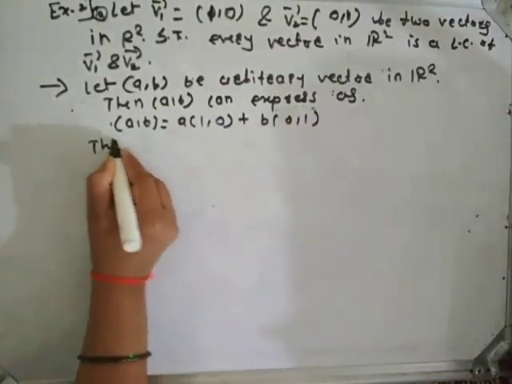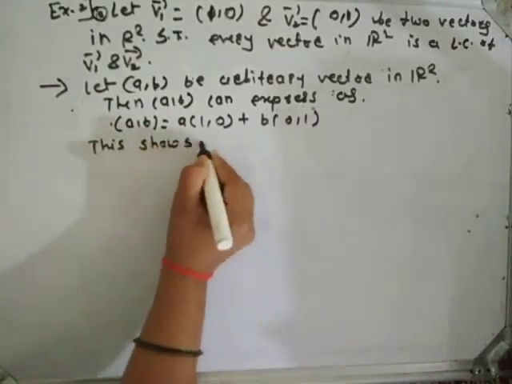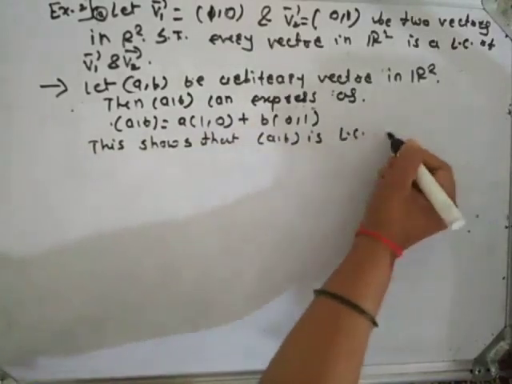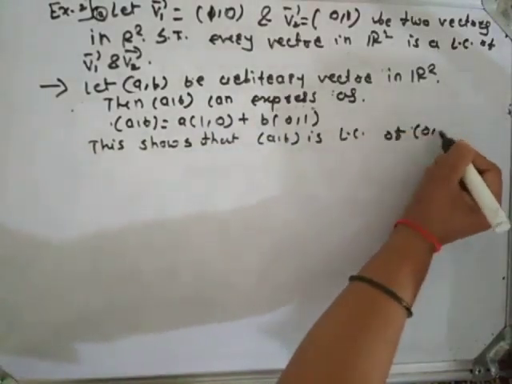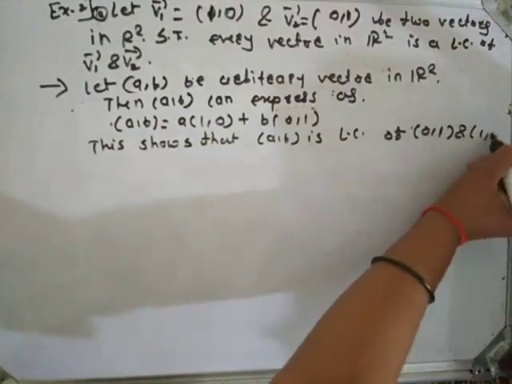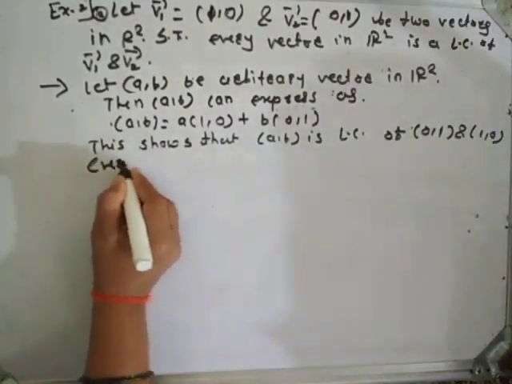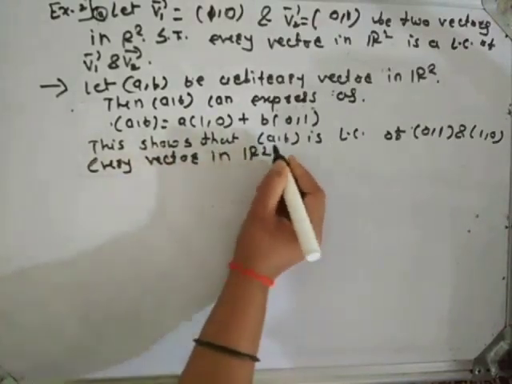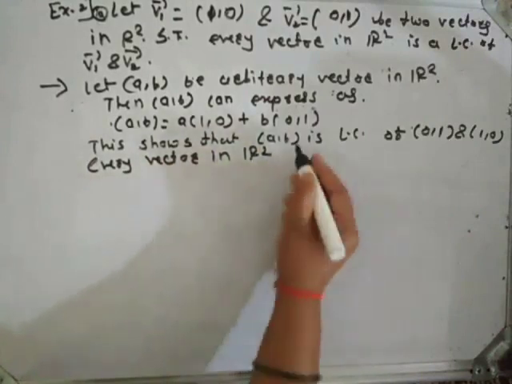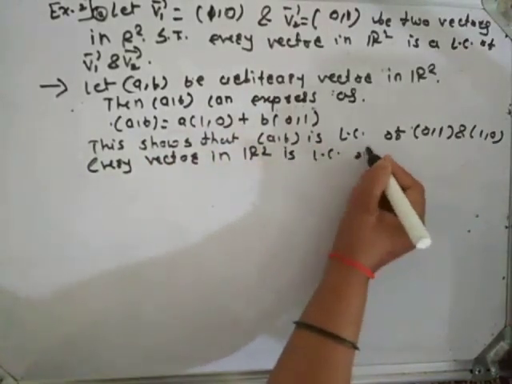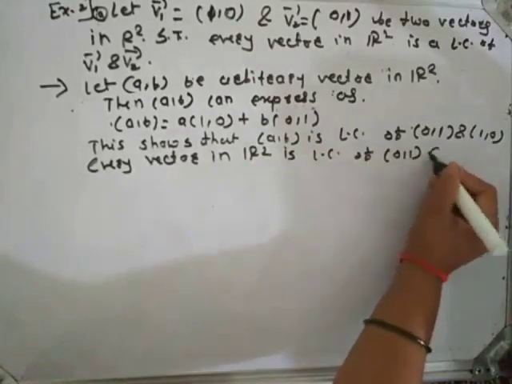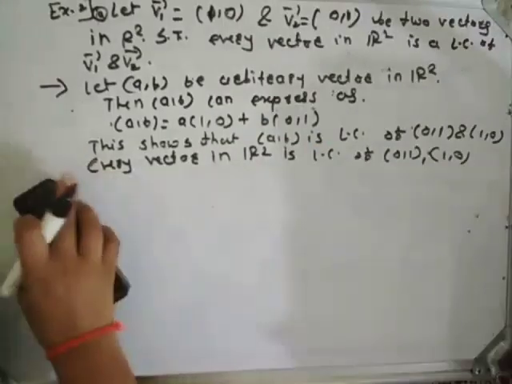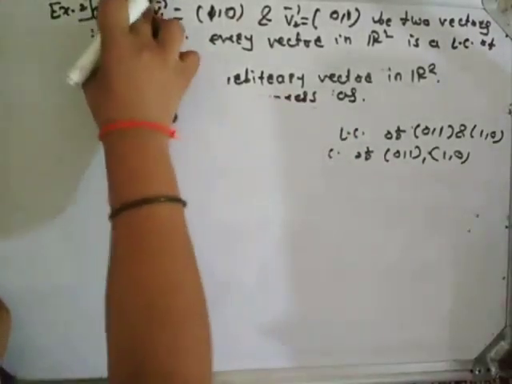This shows that the ordered pair (a, b) is a linear combination of the ordered pairs (0, 1) and (1, 0). Means what? Every vector in R2, always remember that, students, every vector in R2 is a linear combination of (0, 1) and (1, 0). Okay. Now we will see what is B.